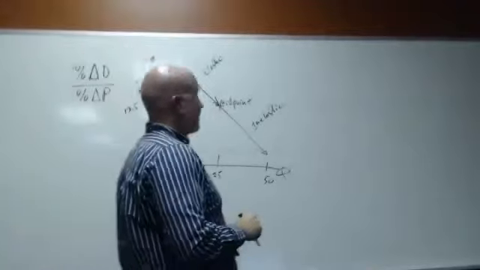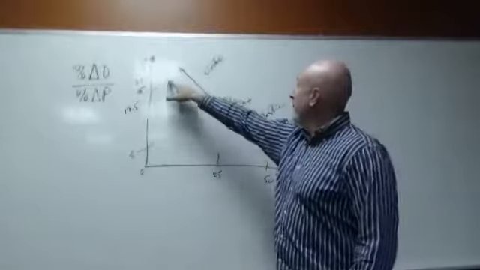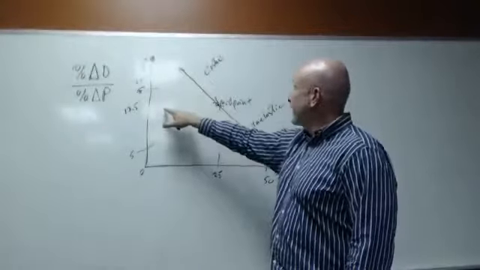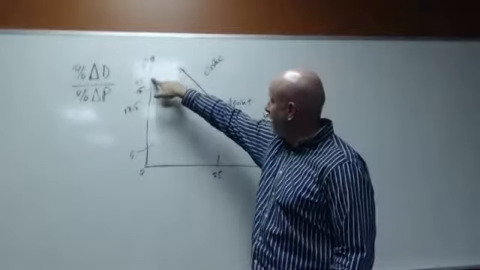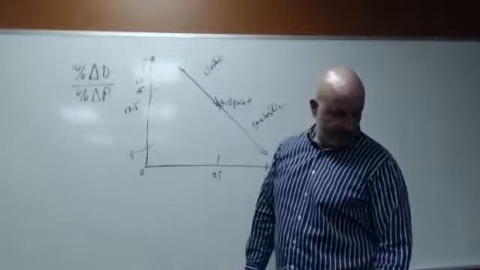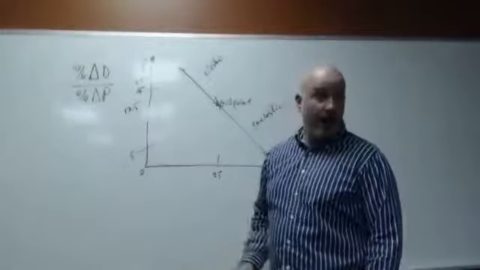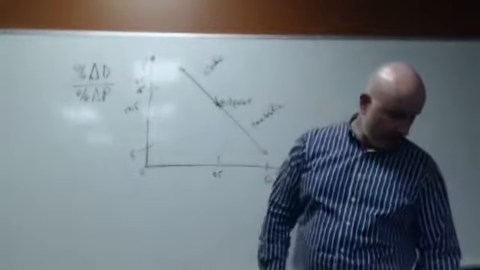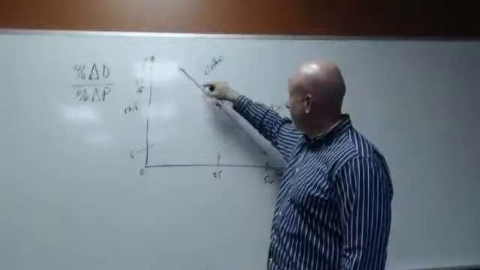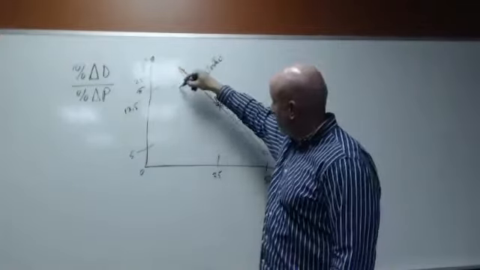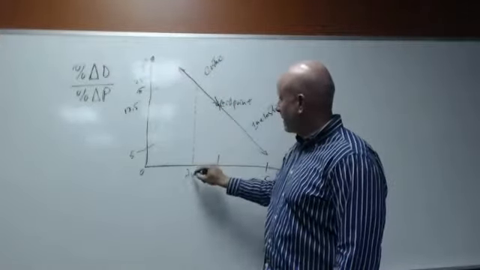At $25, how many is being demanded? 0. All right, now what happens when we go down to $15? 20 pizzas are demanded. Call that 20.